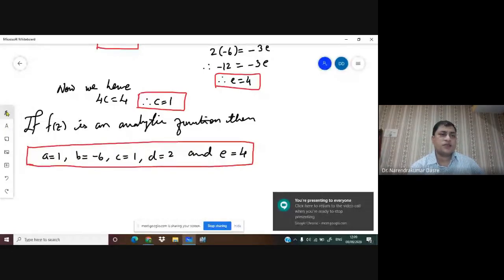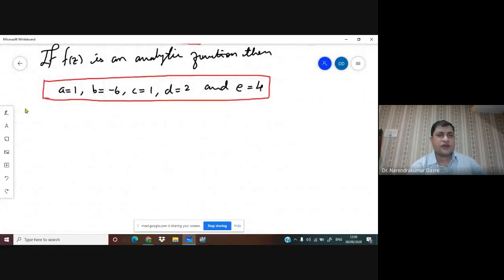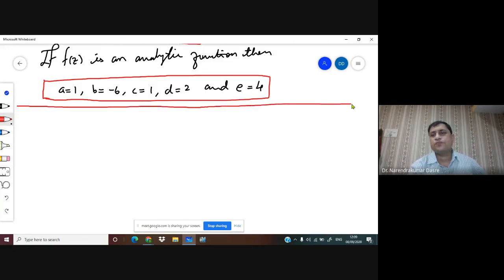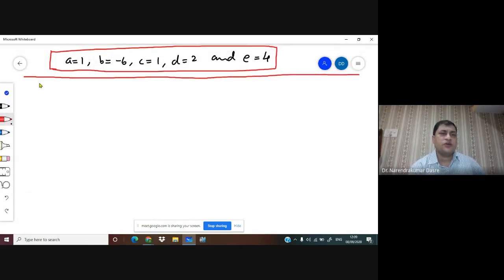This is the only method that we are going to use in this chapter. So we'll be looking at the Milne-Thomson method.